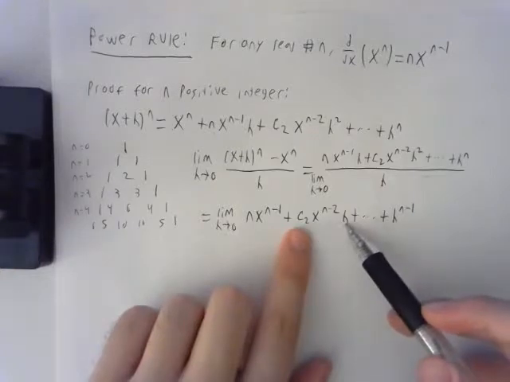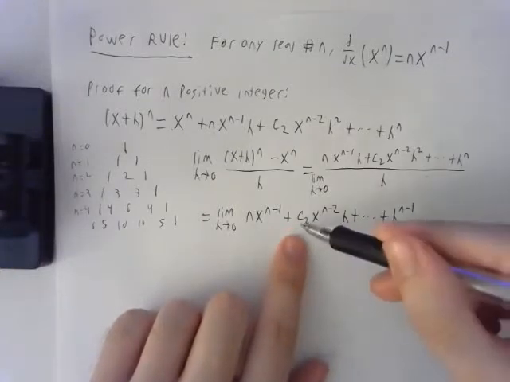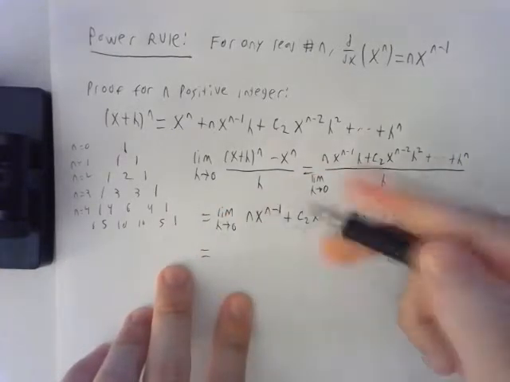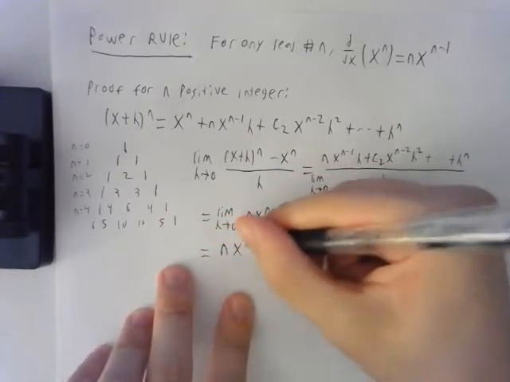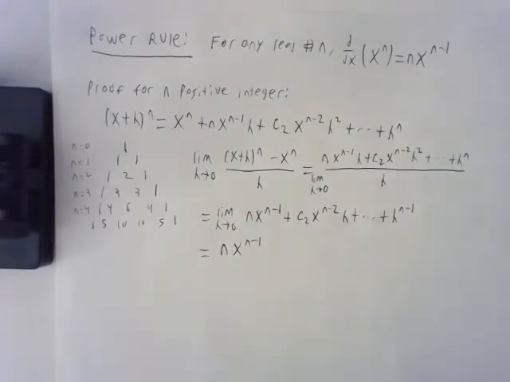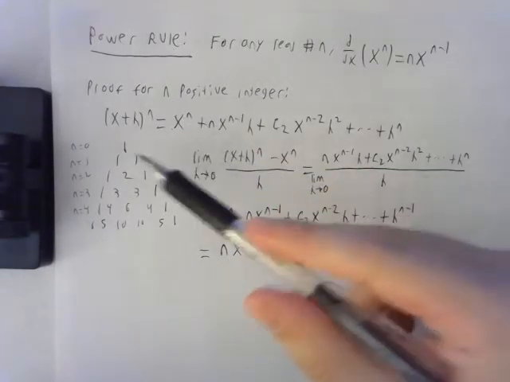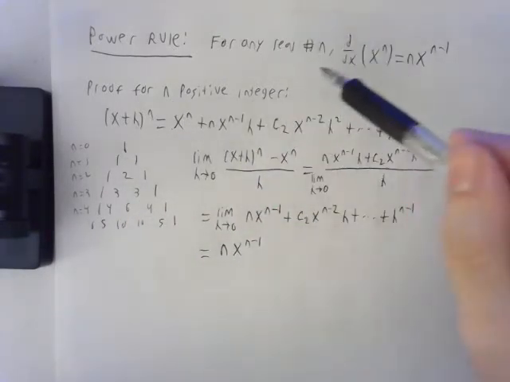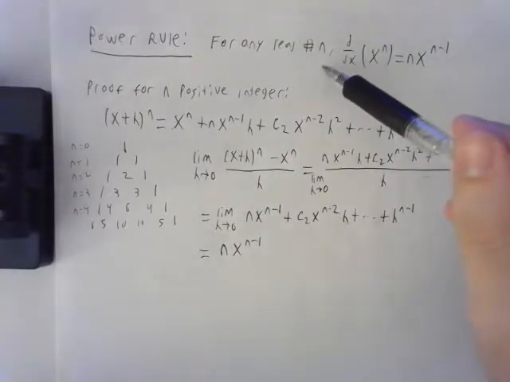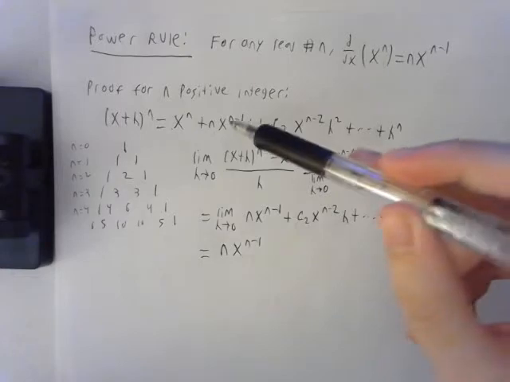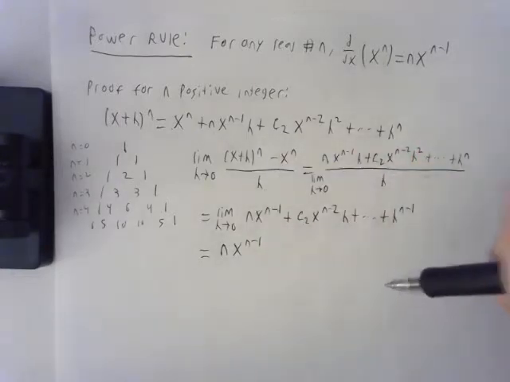And they don't matter because we're taking a limit as h goes to 0, so all of these terms are just going to give 0. The only one that matters is this first one, which we determined was n x to the n minus 1. So that shows why this is true if n is a positive integer. This can be generalized if n is a fraction or a negative number or an irrational number or something like that. But I am not going to go through the proof of that since it's just slightly more complicated.